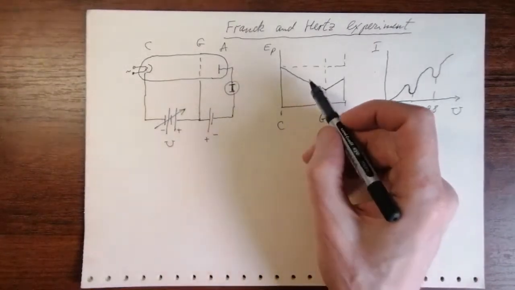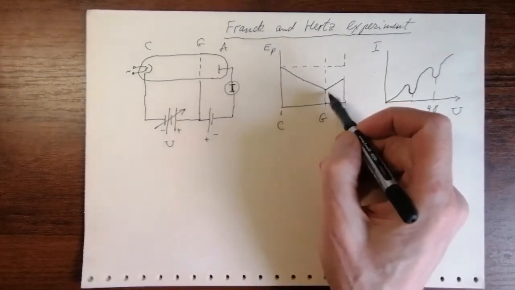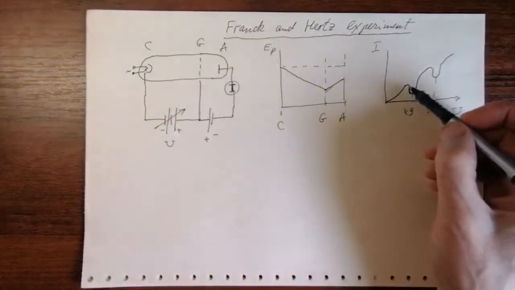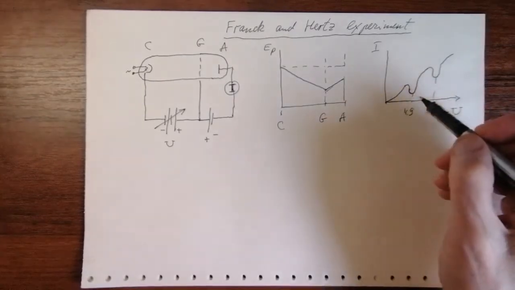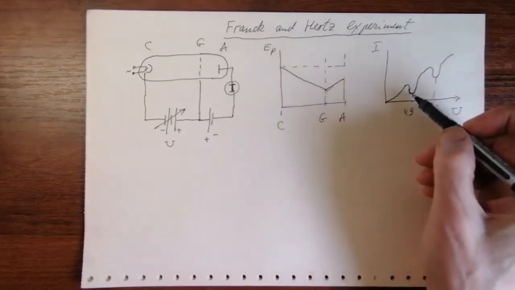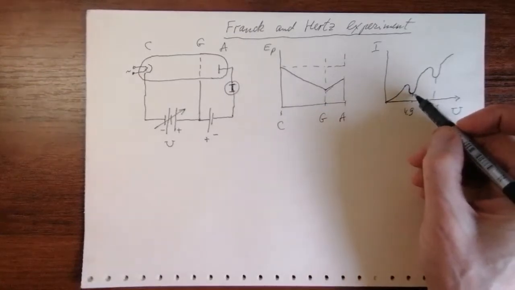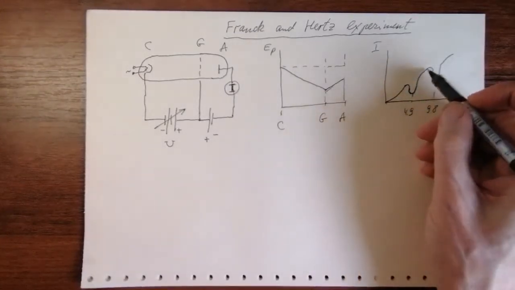So there is a jump of loss of energy, and it cannot overcome this retarding potential. Thus, in this case, we see that the current drops. The interesting point is that when we continue increasing U, we go back to increasing current.